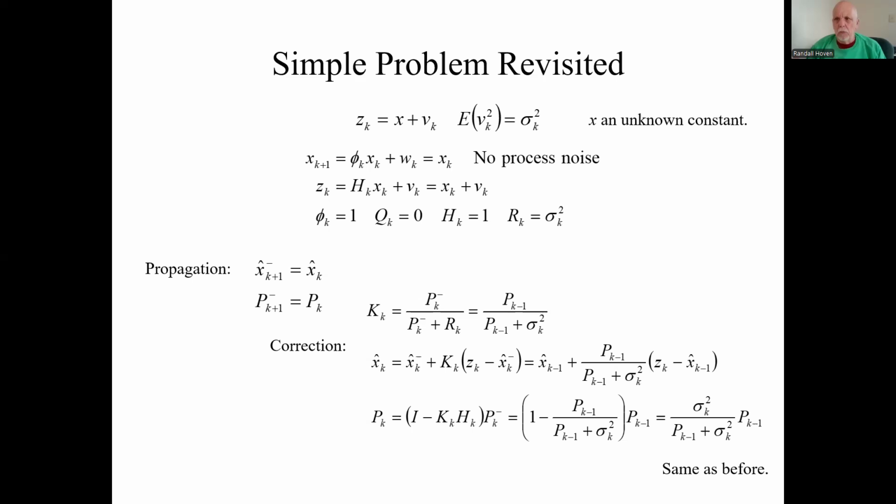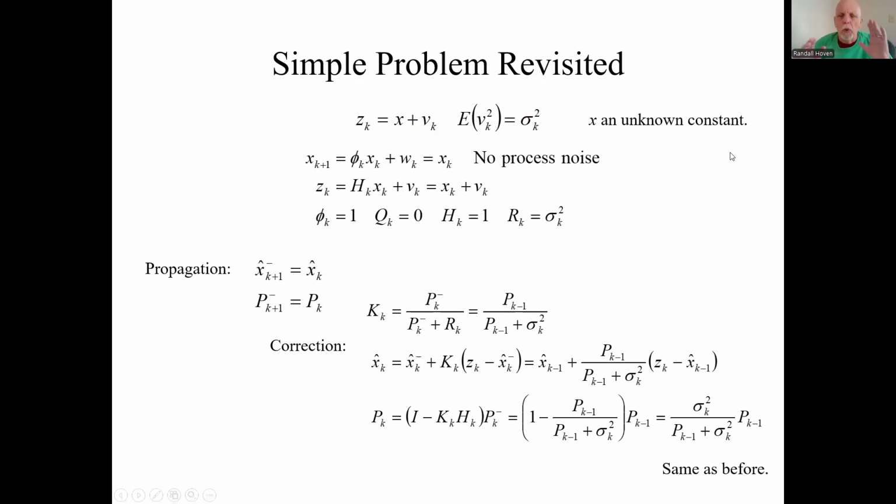At each K, we get a new measurement, and we know the variance of the error of that measurement. And it's also zero mean. I guess I should put that in here. Well, that was just part of the problem statement. This error is zero mean.